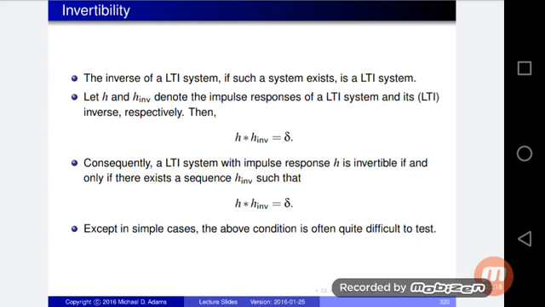Then h convolved with h inverse is equal to delta. Consequently, an LTI system with impulse response h is invertible if and only if there exists a sequence h inverse such that h convolved with h inverse equals delta. Except in simple cases, this condition is often quite difficult to test.